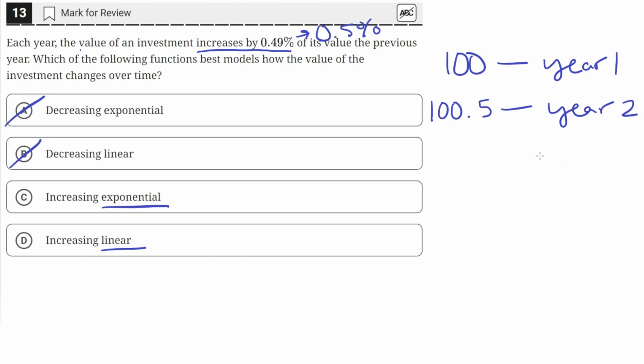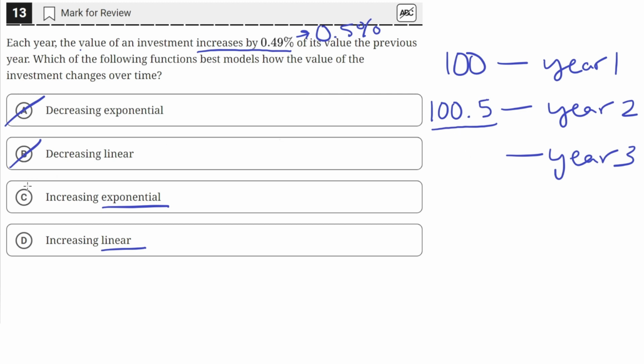But then in year 3, you would have to take 0.5% of 100.5, not 100. So since 100.5 is greater than 100, 0.5% of year 2's value will be larger than year 1's value. So the actual change will be different, and it'll be increasing every time.